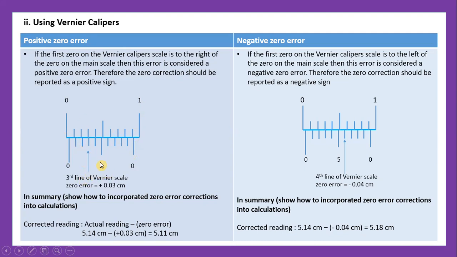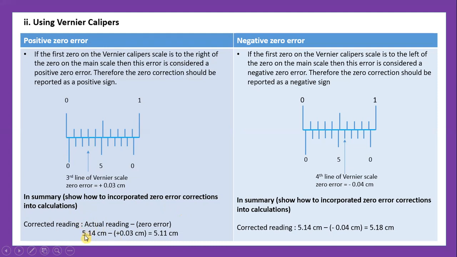Is this error indicating the reading is 0.03? In summary, it shows how you need to incorporate zero error corrections into your actual reading to get the final corrected reading.